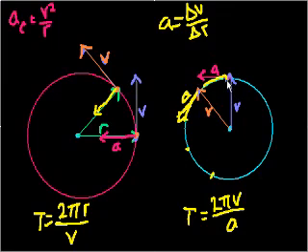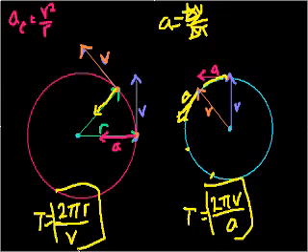So it changes a lot and then it goes back to its original so that the net is still 0. But this should hopefully give you a little intuition. So think about what I said, but the bottom line is we know that this expression and this expression have to be equal, because in the same amount of time it takes the object to do one complete revolution on this circle, its velocity direction has also done one complete revolution.